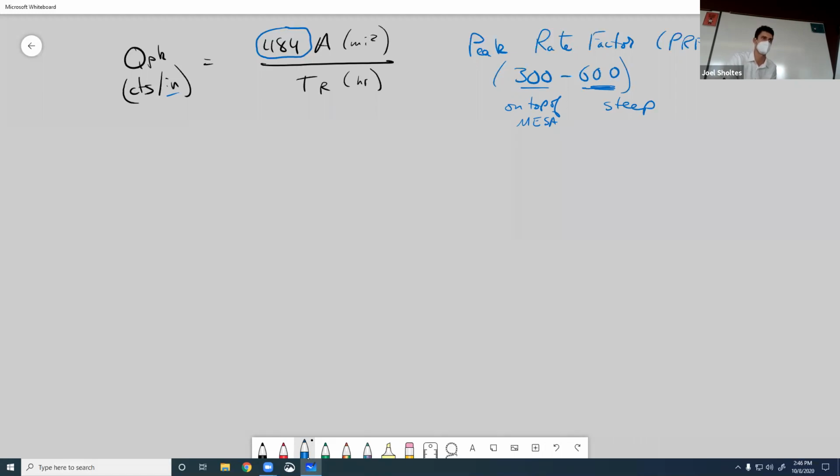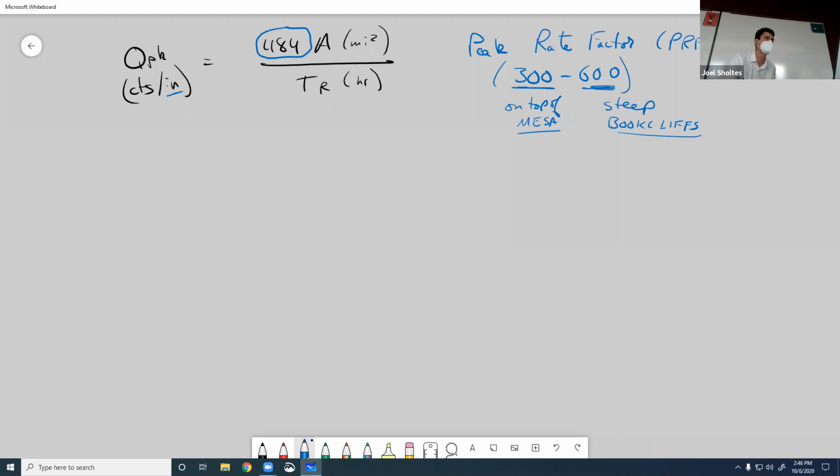This would be something like the Book Cliffs, where it's really steep, there's not a lot of infiltration happening, that sort of thing. So you could adjust this peak rate factor in HEC-HMS to get a bigger peak discharge per unit runoff in inches.